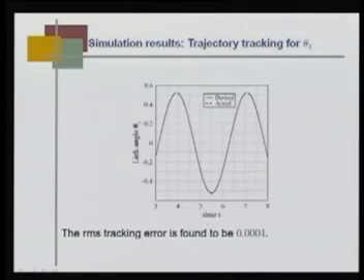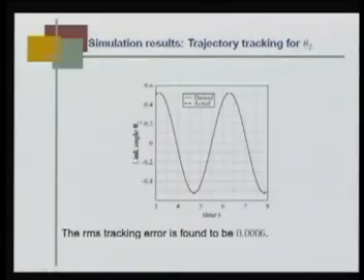Of course, we are not showing the initial period; we are showing the period when the trajectory has settled, meaning the transients are gone. In the steady state, the tracking is perfect because the error is a very small value, 0.0004. Desired and actual, this is very perfect tracking.